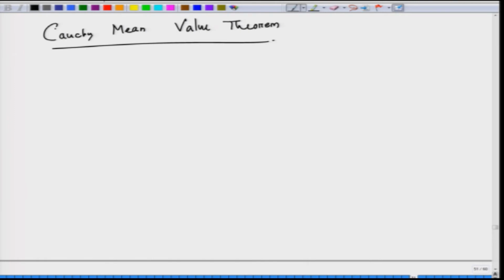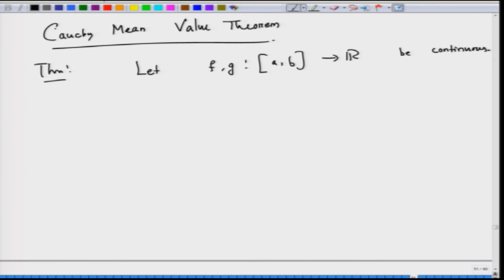Let f and g from a b to R be continuous, and both f and g differentiable on the open interval a b.